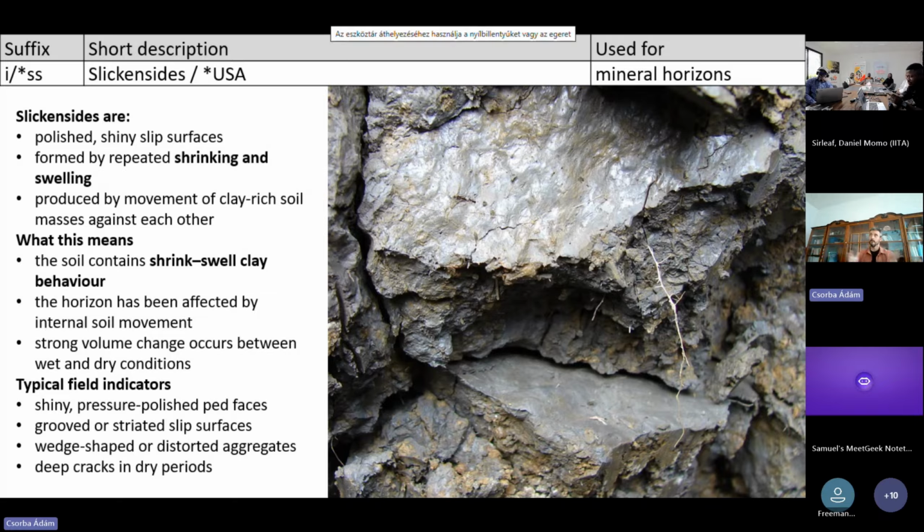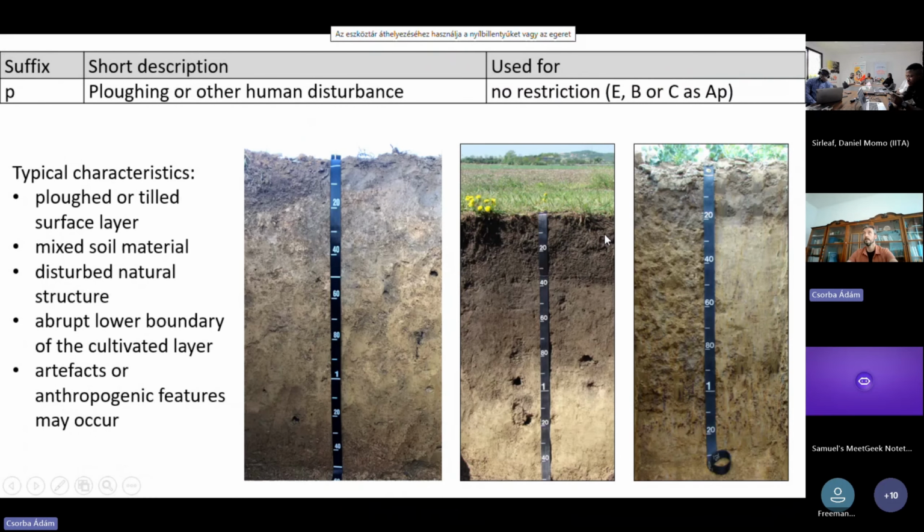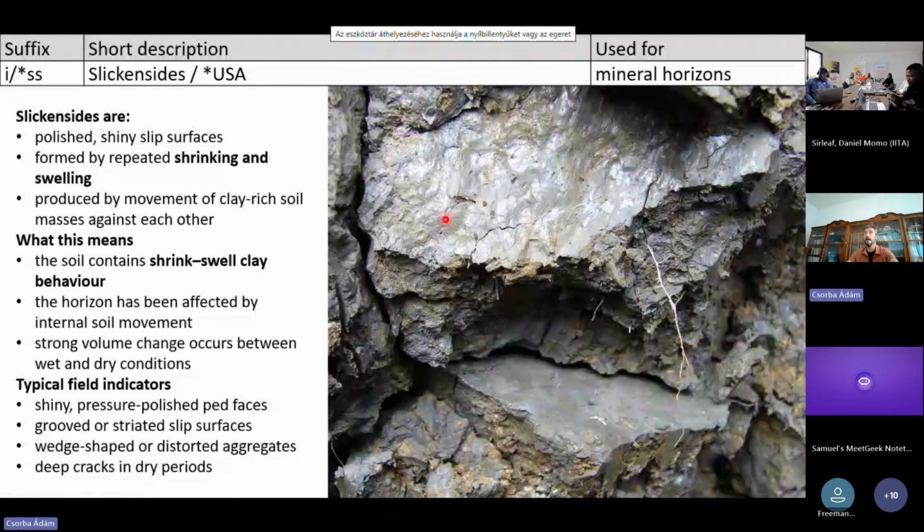This repeated shrinking and swelling causes very special shearing forces in the soil, leading to the development of large cracks and of these shiny pressure faces that we call slickensides, that you can see here.